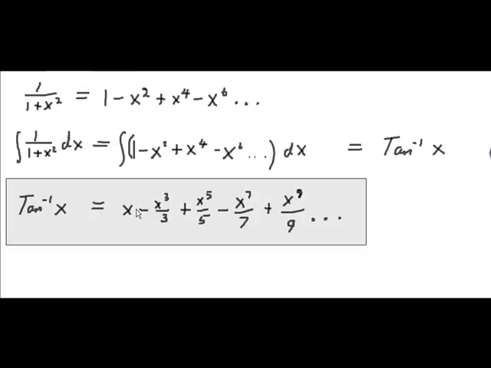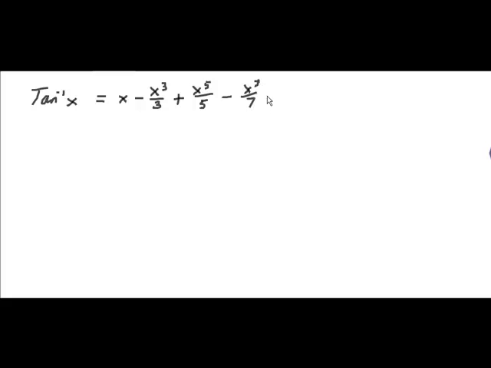So we just go back to the last slide and look at our result. It's all the odd numbers: x minus x cubed over 3, plus x to the power of 5 over 5, minus x to the power of 7 over 7.